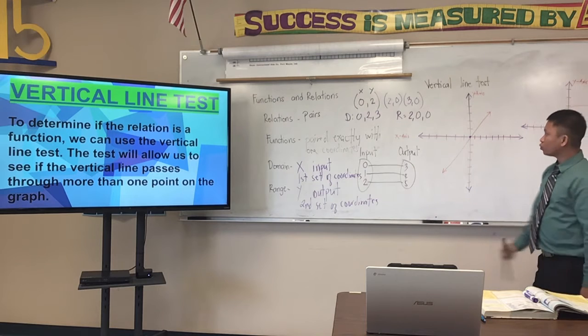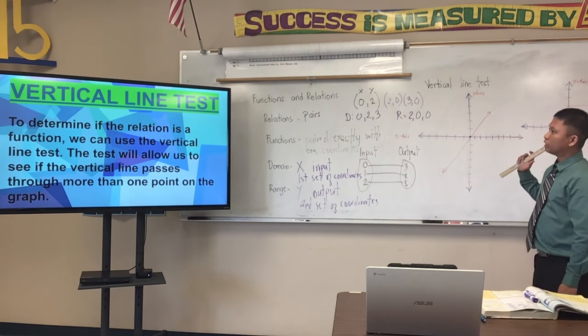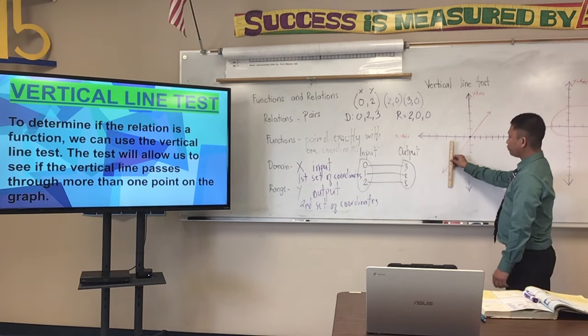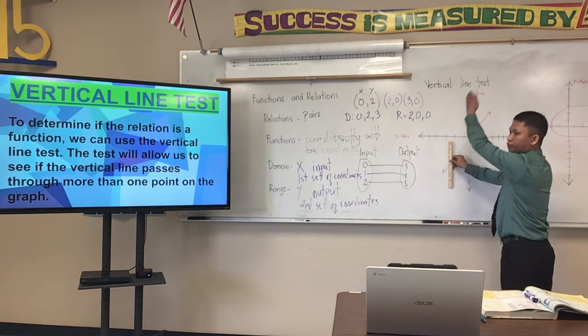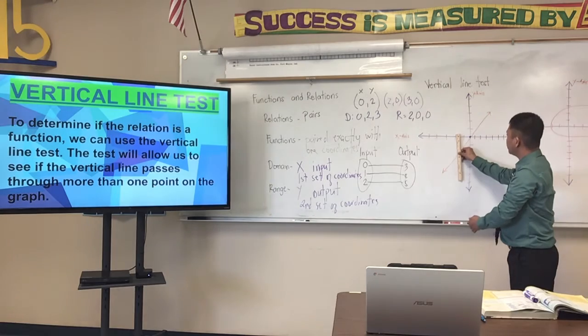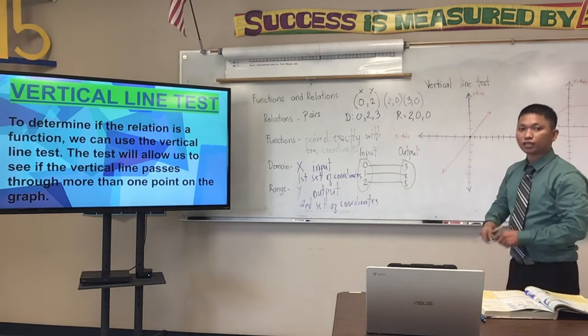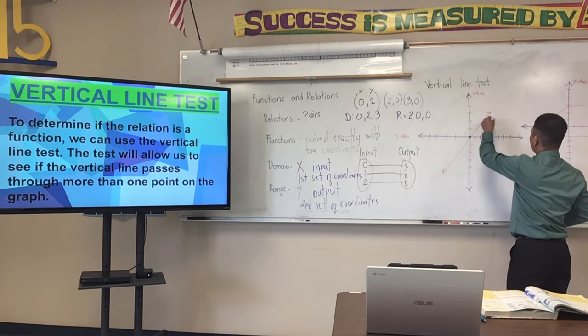So how are we going to know if this is a function? By just using the vertical line test. If the vertical line touches the graph only once, then this is an example of a function.